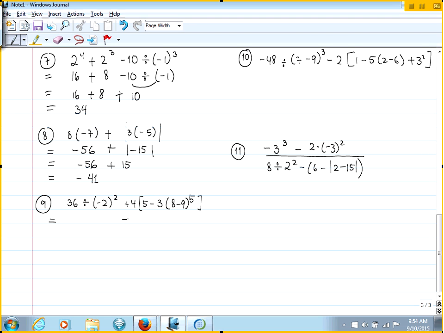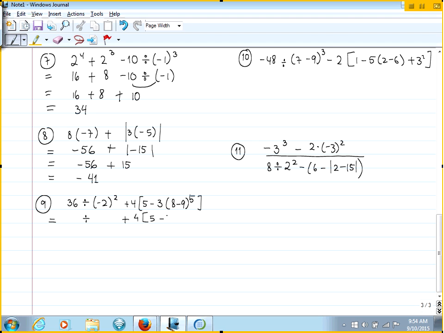Okay, a lot of things going on here, but anyhow, we know this is later. We know this is later because this is division, this is exponent, so we could do the exponent. Now, let's see which one of these goes first. The parentheses.